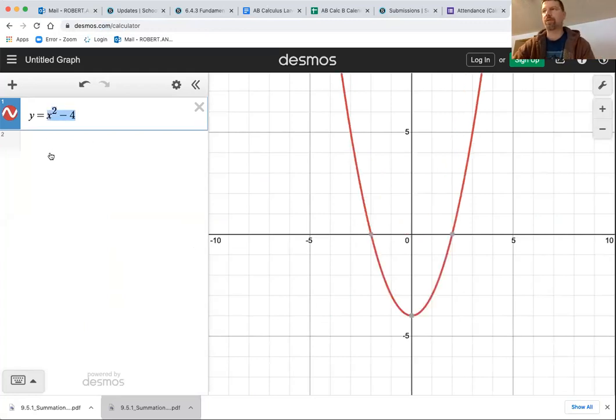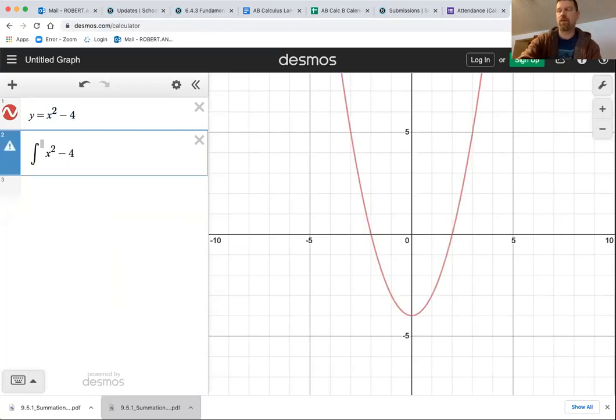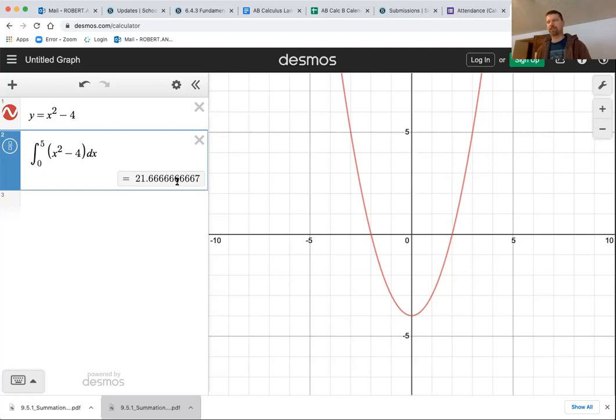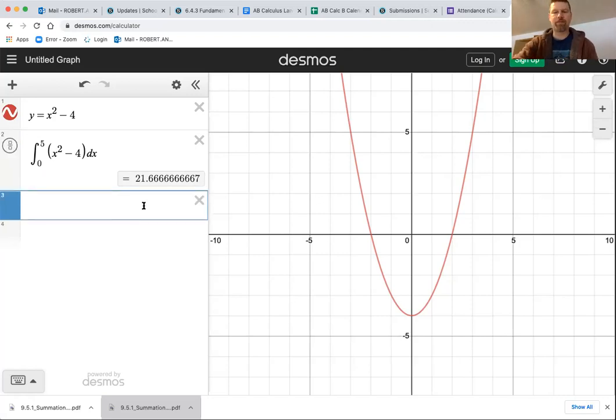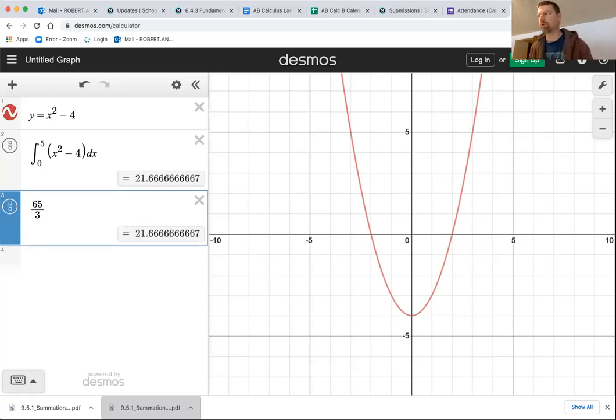I'm going to show a couple of things. First off, the integral from 0 to 5 of x squared minus 4 dx. 21.666, which is the same as 65 thirds. We got that answer correct before.